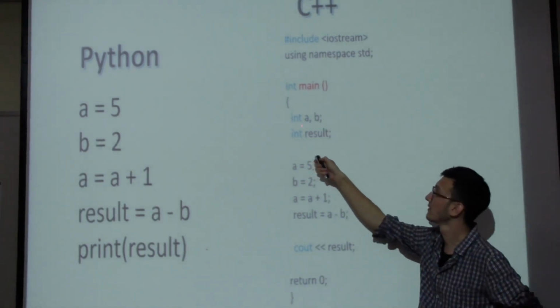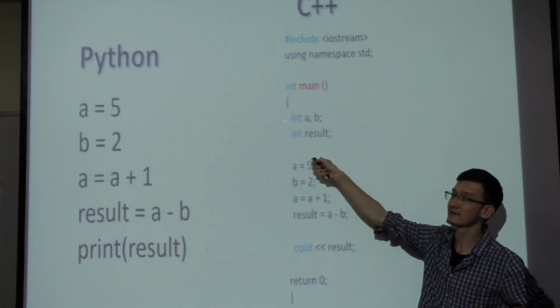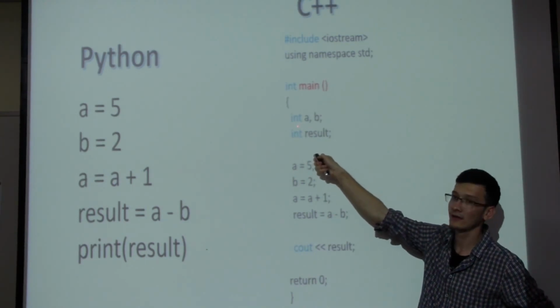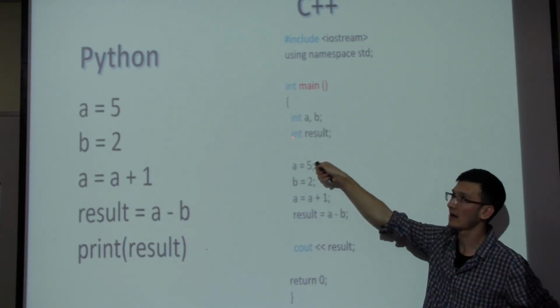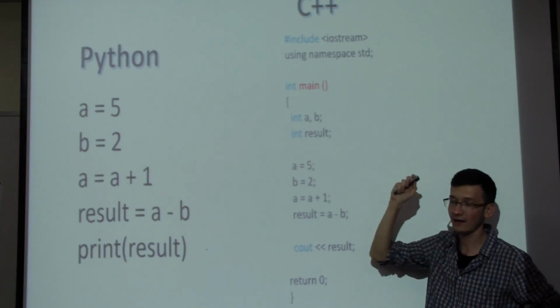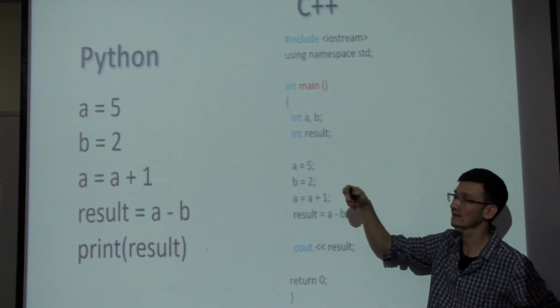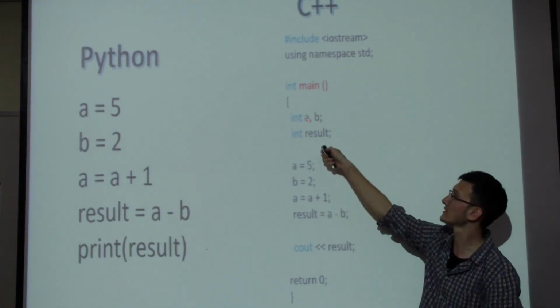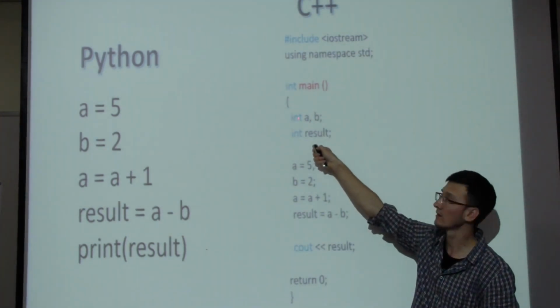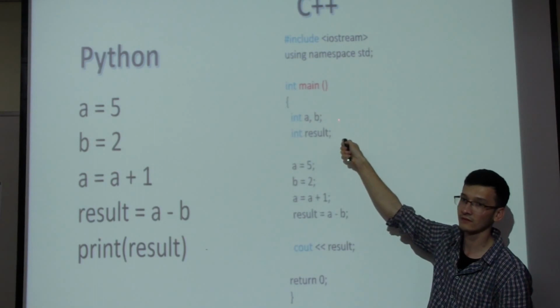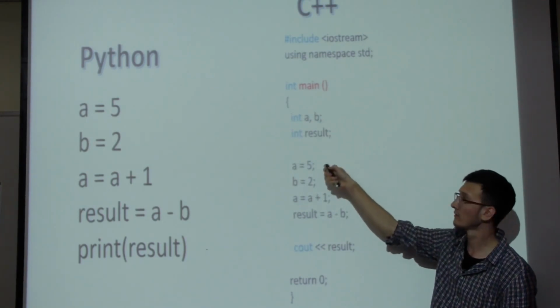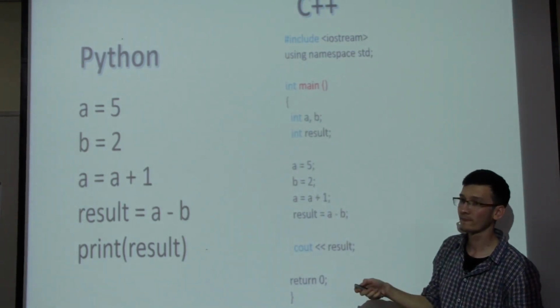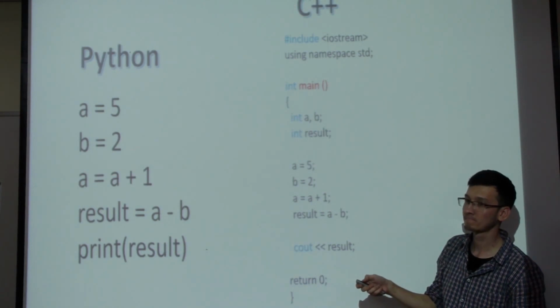Okay, now here you can write like this: integer A, and under this code you can write integer B separately. Also you can just put a comma and put variables. What about the result? Can we move the result to the top as well, by a comma after the B?